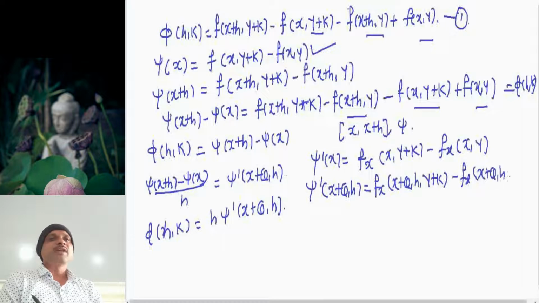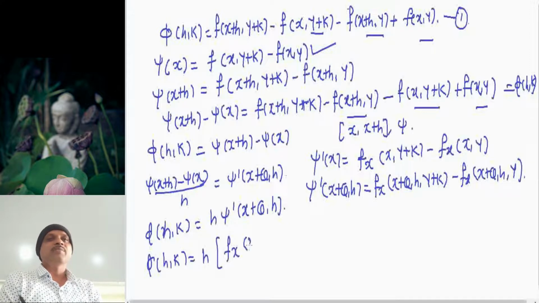Let us put this value here. So phi(h, k) equal to h into [f_x(x + theta 1 h, y+k) - f_x(x + theta 1 h, y)].